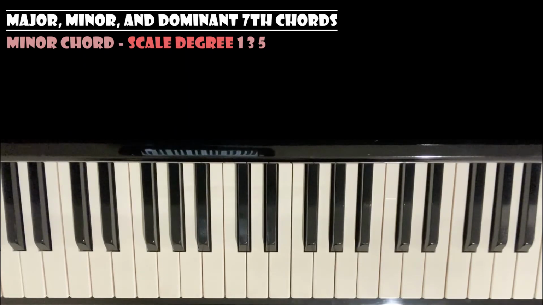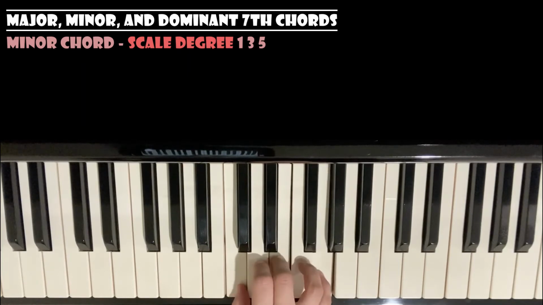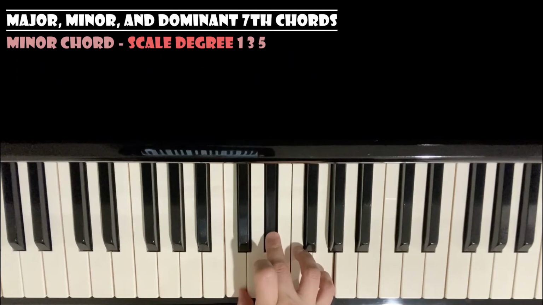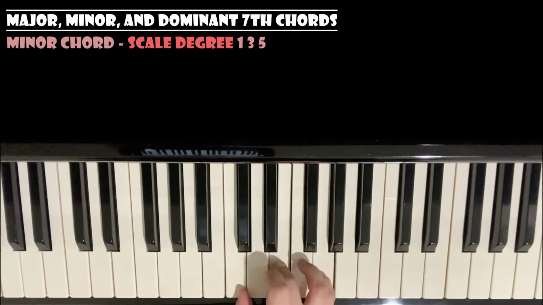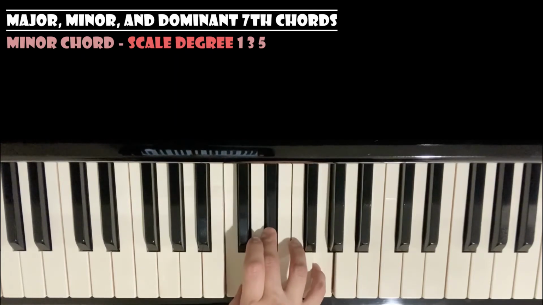Or another way to find the minor chords is to play the major chord. It's easier to find because we know the major chord better. And we step down a half step from the middle note, from E to E flat.